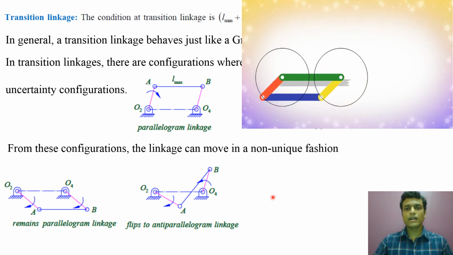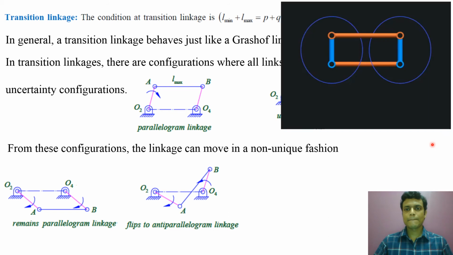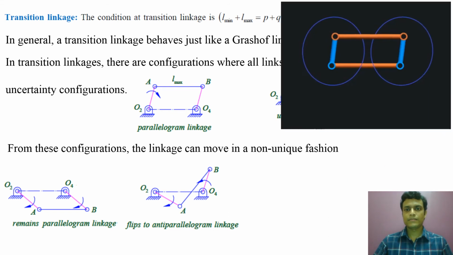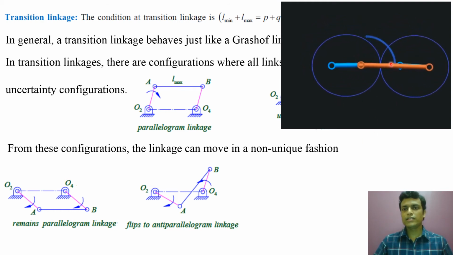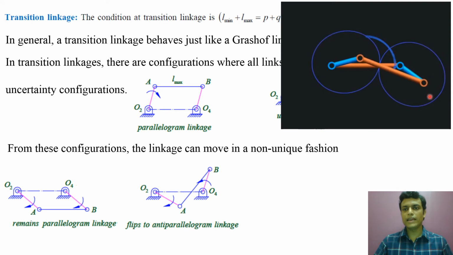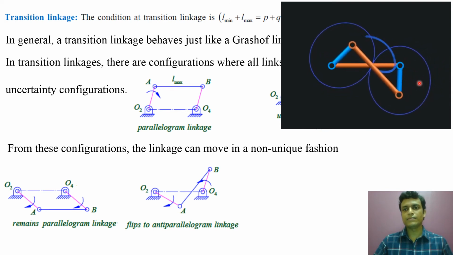Now uncertainty arises that it may flip into anti-parallelogram. Let us see that animation. So here all these links become collinear, and from that it flips to an anti-parallelogram mechanism.